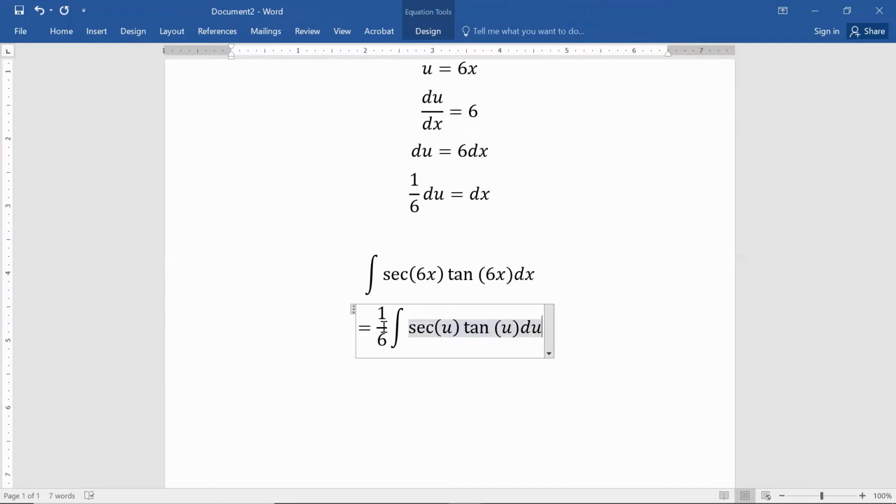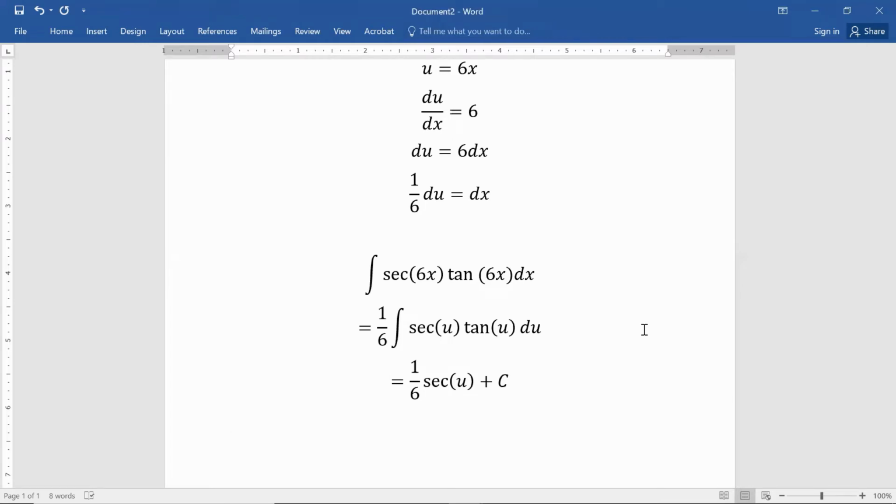Secant tangent, we've gone over the antiderivative of secant tangent before. I hope you remember that the antiderivative of secant tangent is secant. In this case, since we're dealing with the variable of u, we get 1/6 times secant of u plus c.